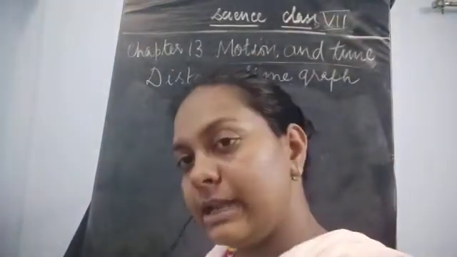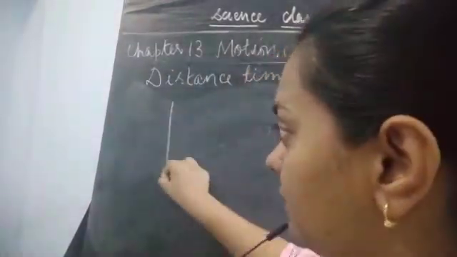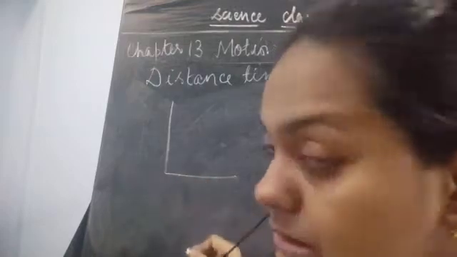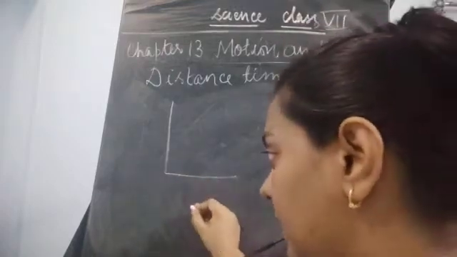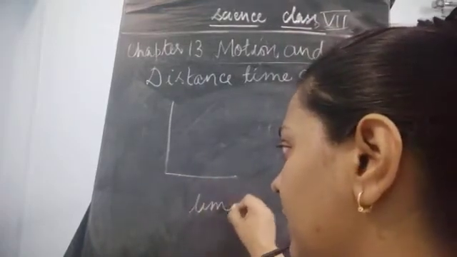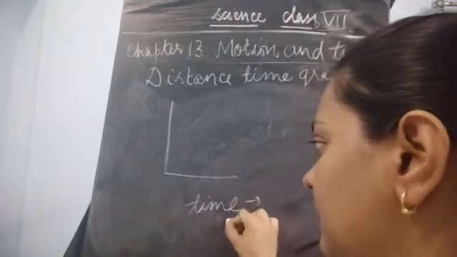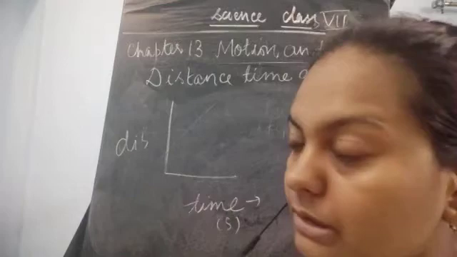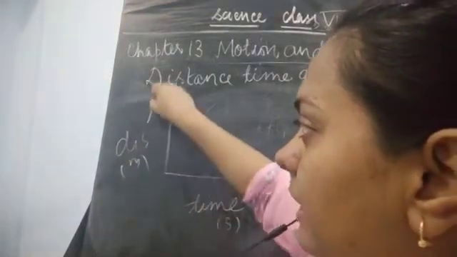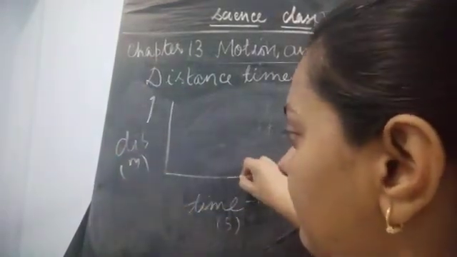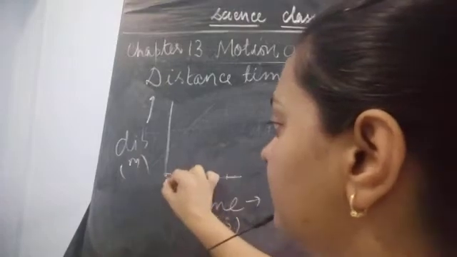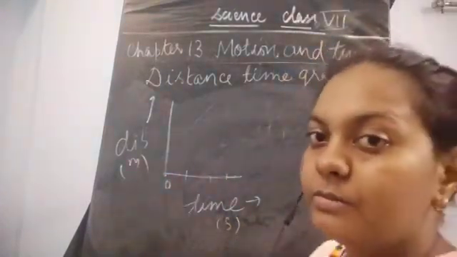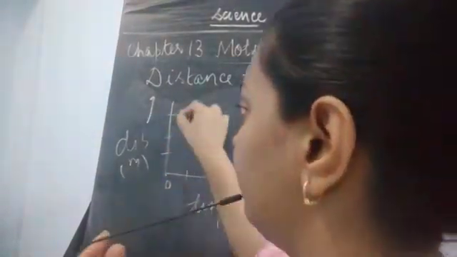We can easily see the non-uniform speed also by looking at this time distance graph. Okay, so time is on the x-axis in seconds, and distance is on the y-axis in meters. Fine. Now what happens if the object is moving at different speeds?